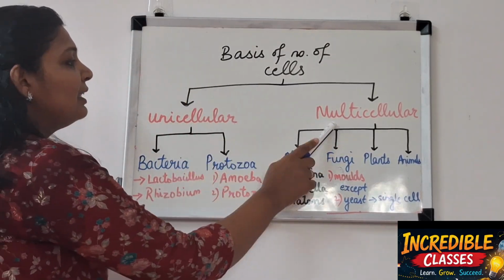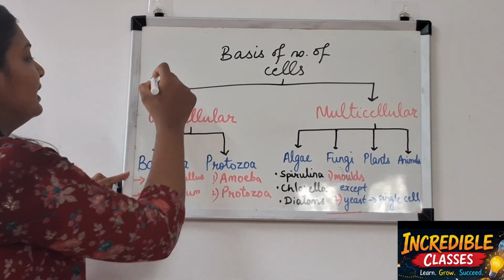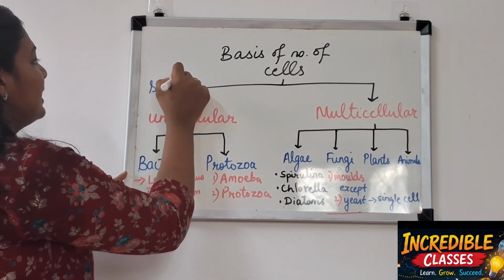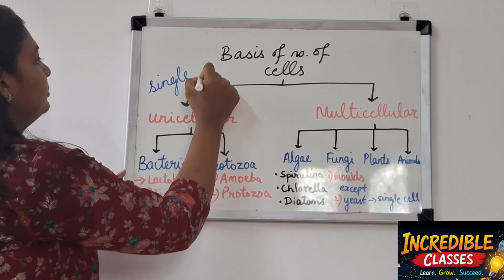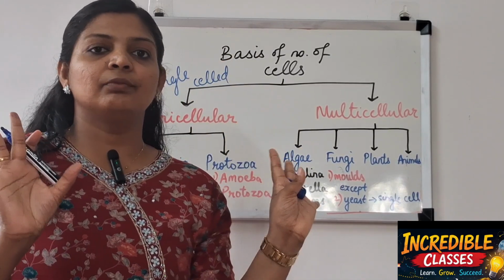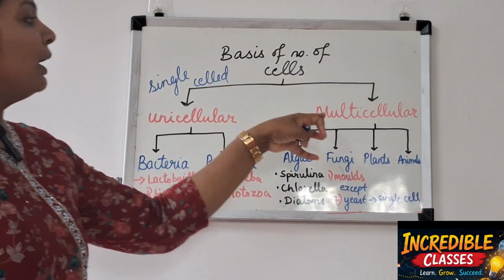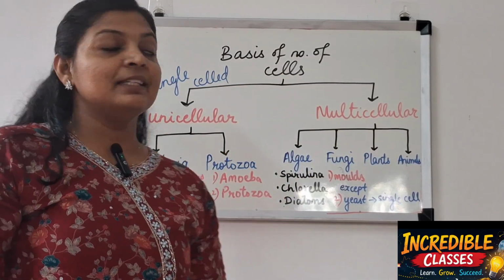Unicellular means uni, single, that is single cell. Only one cell is enough for them to live. And there are multicellular organisms.